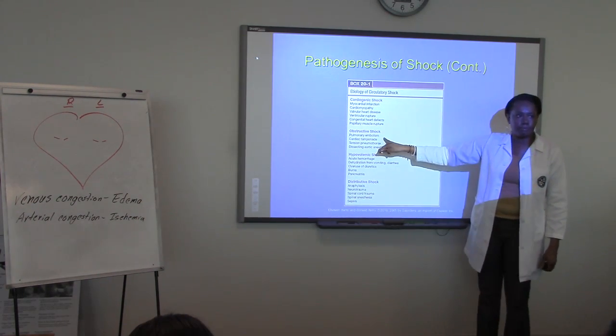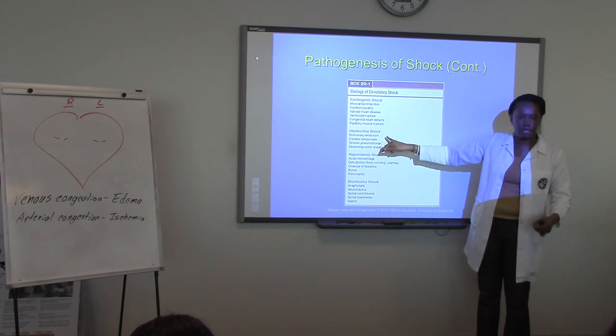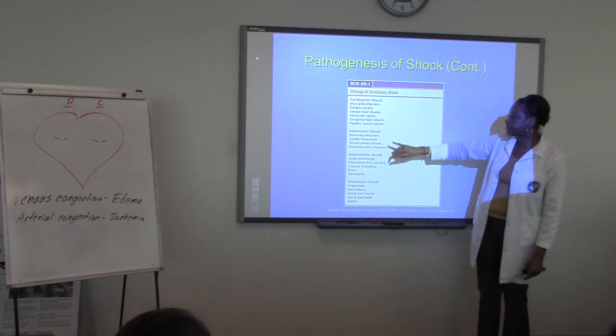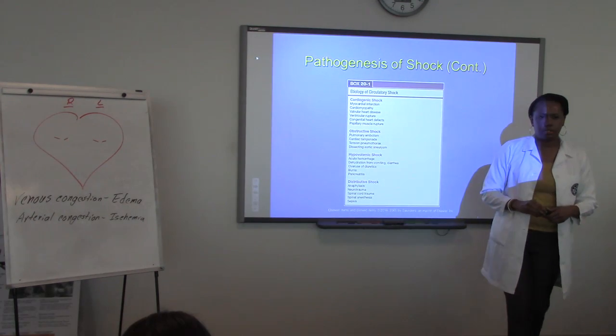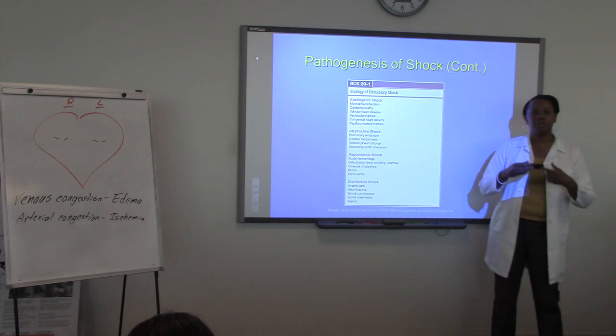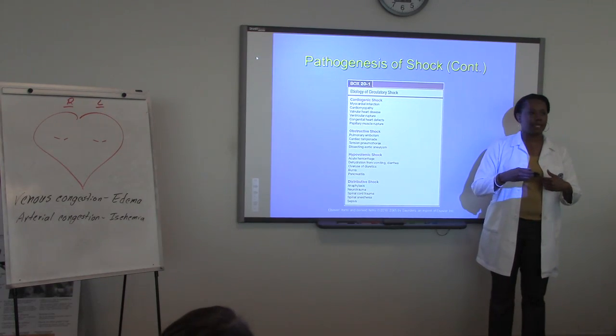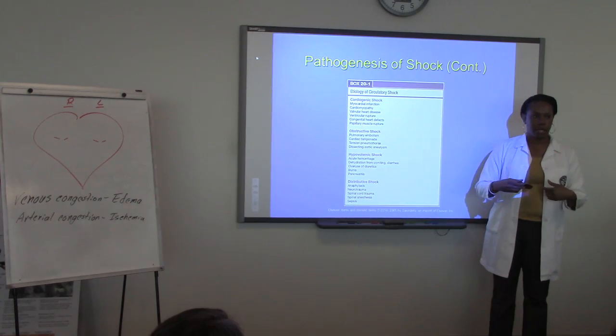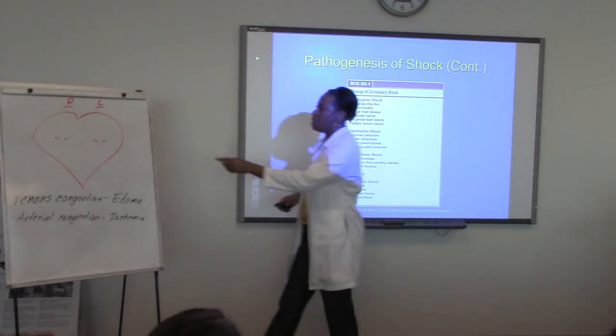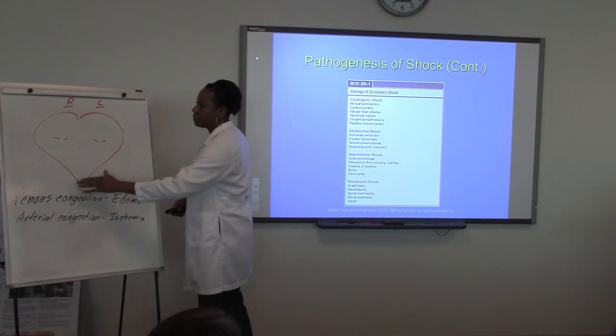Pulmonary embolism, okay, obviously that is a blockage. Cardiac tamponade, we haven't gone over that, but I'll tell you what it is. Cardiac tamponade is fluid that builds up in the pericardial sac. So it builds up around the heart.